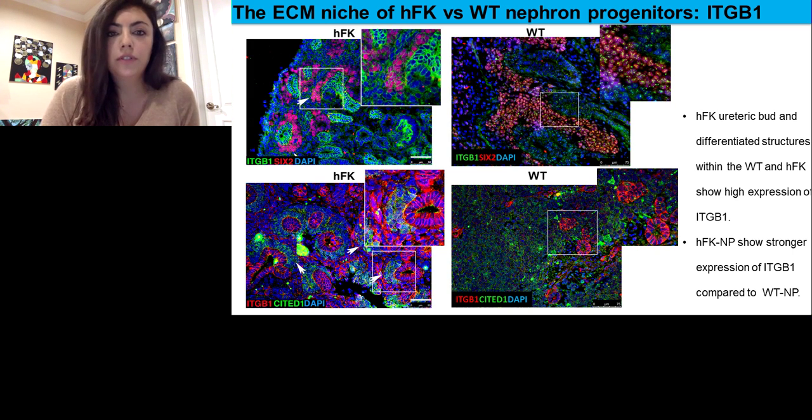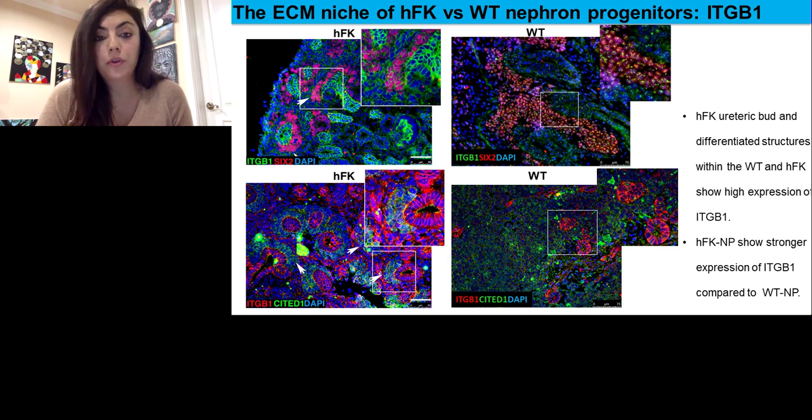So we did immunofluorescence stainings of human fetal kidneys, shown on the left panel, for integrin beta 1 and SIX2 shown in red, and integrin beta 1 and CITED1 shown in green. And we compared it to the Wilms tumor for the same stainings, and we could see that indeed there seems to be higher expression of integrin beta 1 where we find these progenitor cells compared to the tumor.